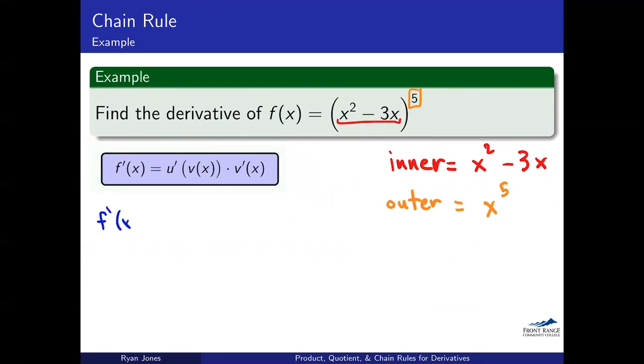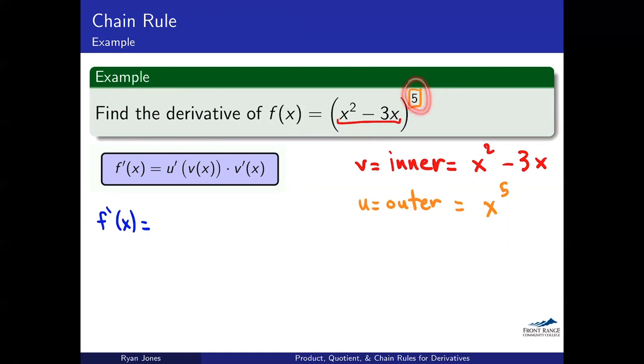f prime of x is going to be u prime of v of x. And so like we said, u is that outer function. I'll label that there. And v is that inner function. So I'm taking a derivative of u, but I'm leaving v untouched. So that outer function is that x to the fifth, right?